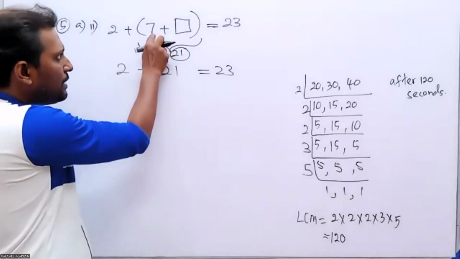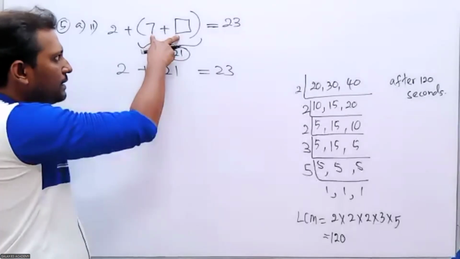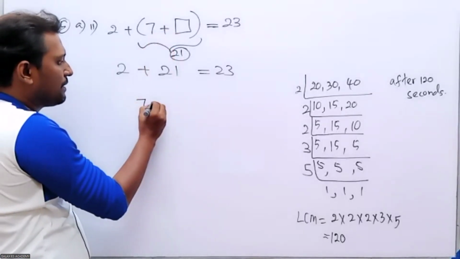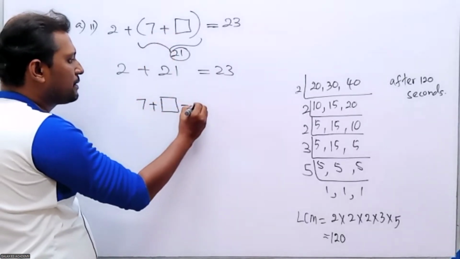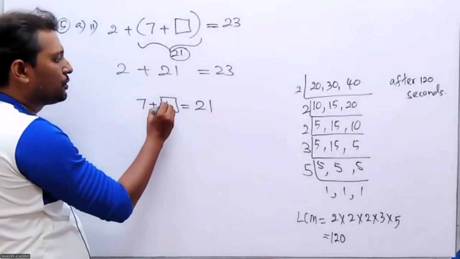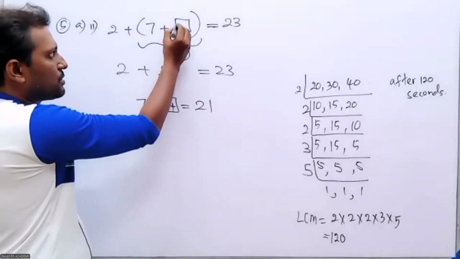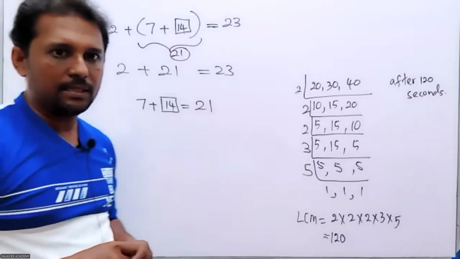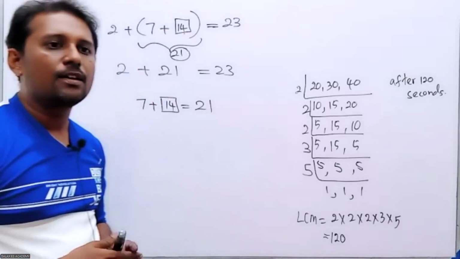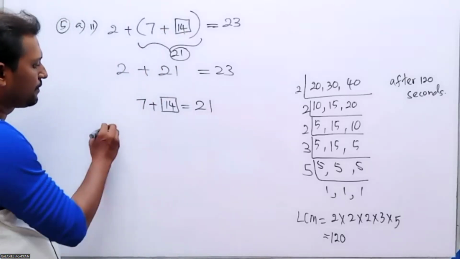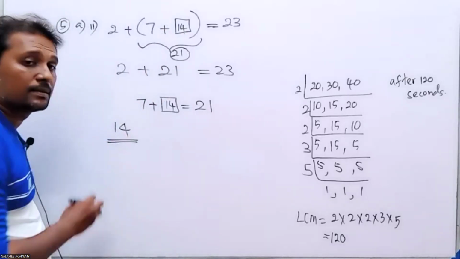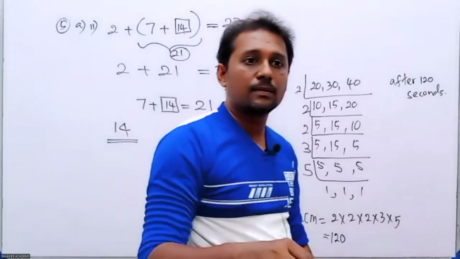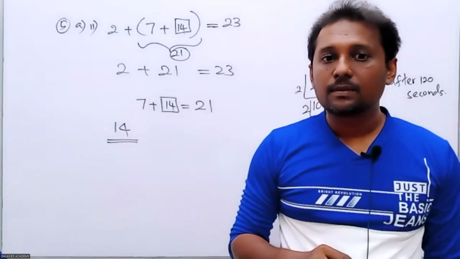This 21 we can get by adding these two. So 7 plus which value is equal to 21? It should be 14. So what is the answer for the second part? 14.